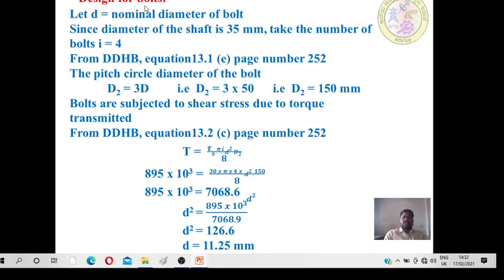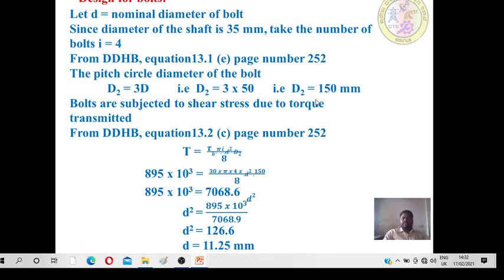Now let us move on to the design of bolts. See, let D equal to nominal diameter of the bolt. We have considered nominal diameter of the bolt as D, and with reference to the diameter of the shaft of 35 mm, we are considering the number of bolts as 4. From data handbook, we have this value, that is pitch circle diameter of the bolt D2 equal to 3D.